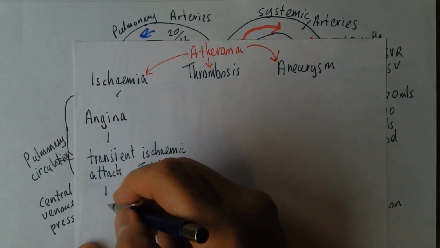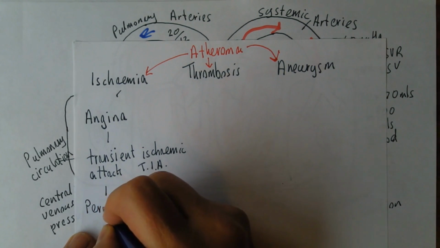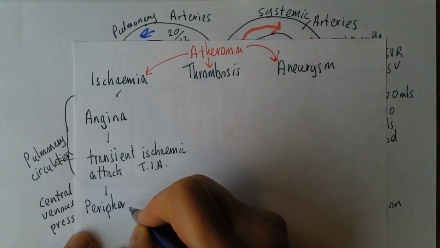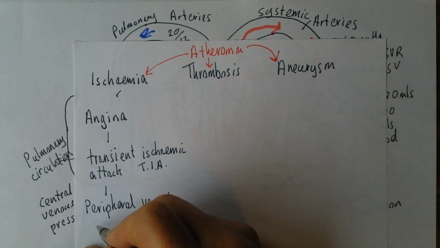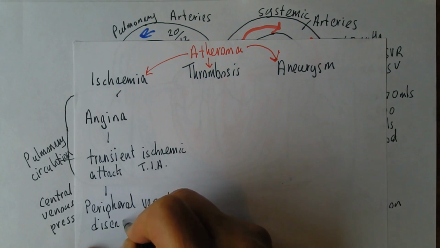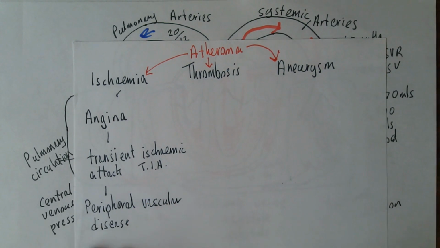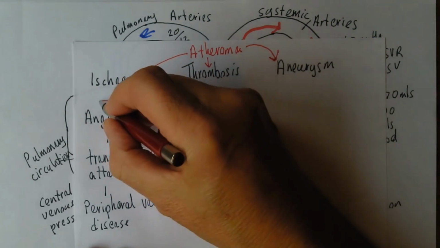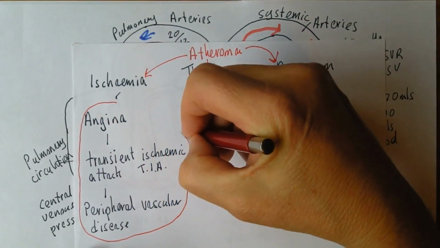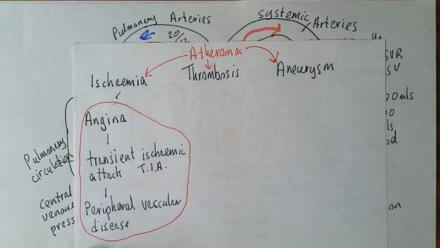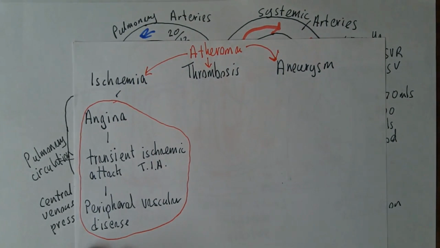And another one we see quite a bit of is peripheral vascular disease, where there's reduced blood supply, particularly to the limbs. So these are all complications of ischemia. Very common conditions. There's others, but they're probably the common ones. So the ischemia caused by the atheroma.